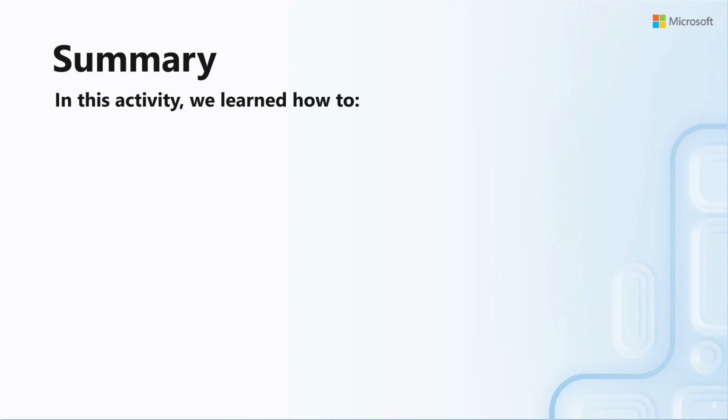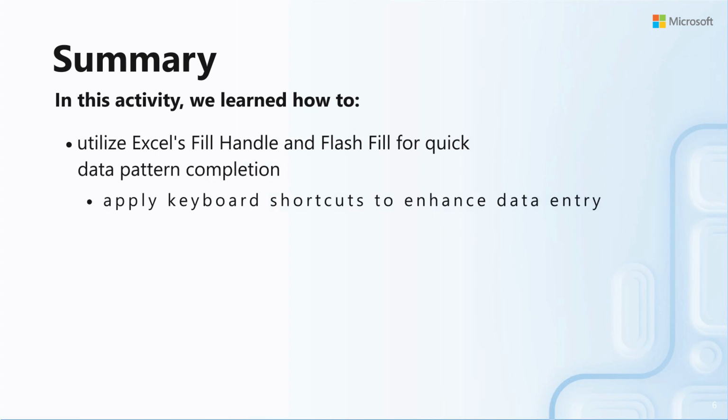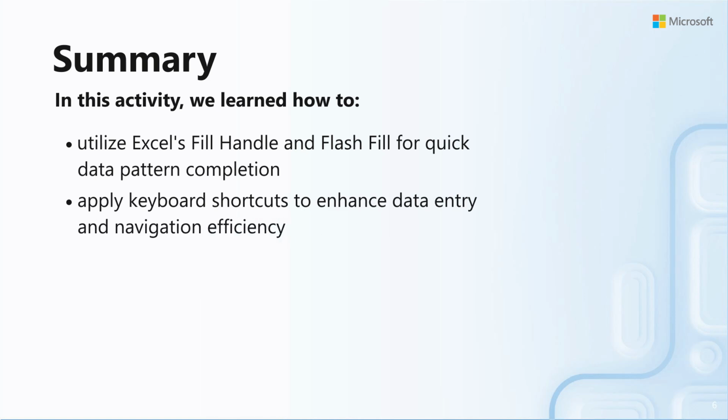You learned how to use Excel's fill handle and flash fill to quickly complete data patterns, applied keyboard shortcuts to streamline data entry and navigation, and implemented data validation rules to ensure accuracy in stock levels and product names. These techniques help optimize the inventory management process, reduce errors, and ensure the business is well prepared to meet increased demand.